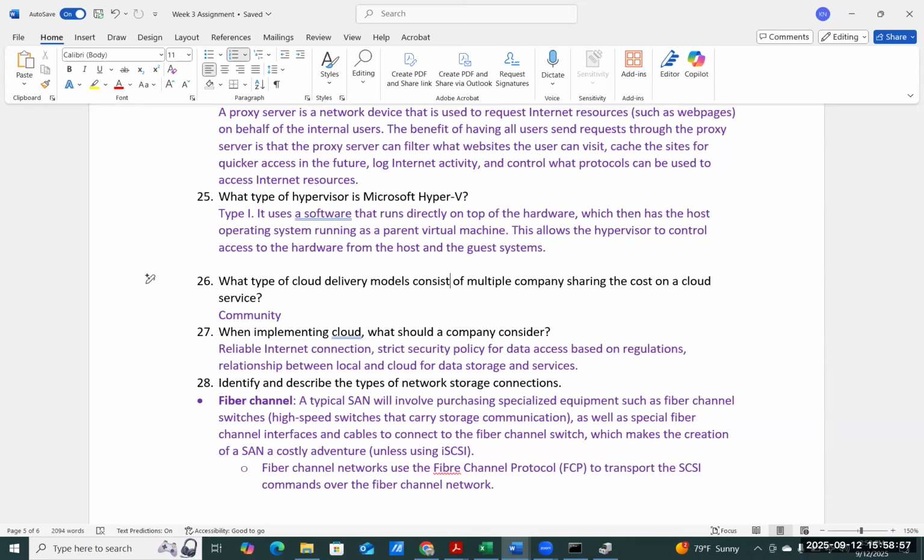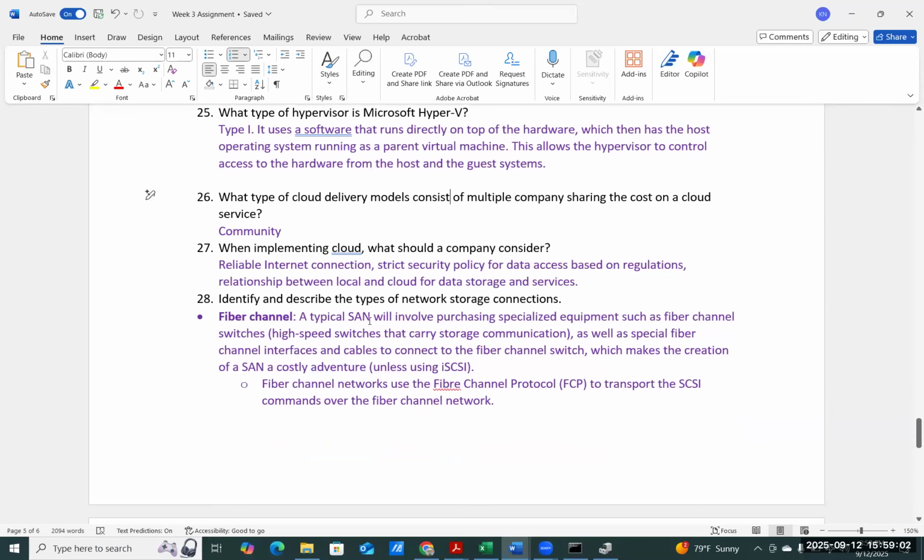Okay. I know the first week we talked about fiber. For fiber channel, so for 28, identify and describe the types of network storage connections. Fiber channel would be the connection using SAN, and we would implement SAN for network storage purposes, right? It would involve buying equipment with fiber channel switches, so you have to get a switch that accommodates fiber channel.